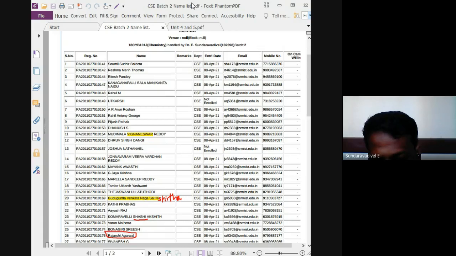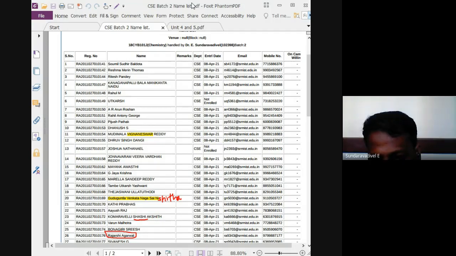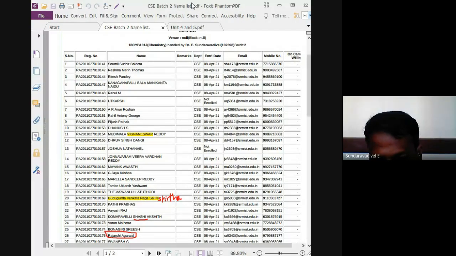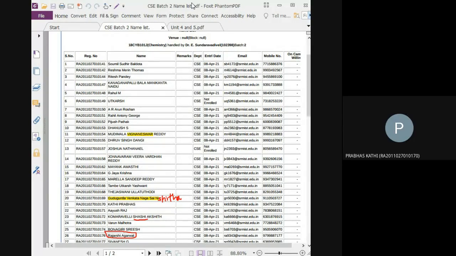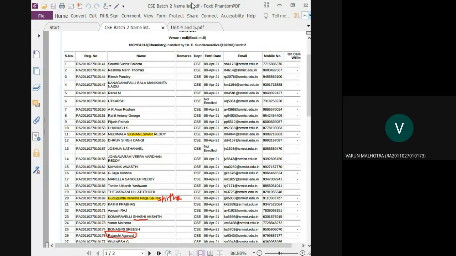Utkarsh, present, sir, 165. 166 present, sir. Tejaswani, present, sir. Nikita, present, sir. Katti Prabhas, present, sir. Ayush, present, sir. Shashi, present, sir. Varun, present, sir.